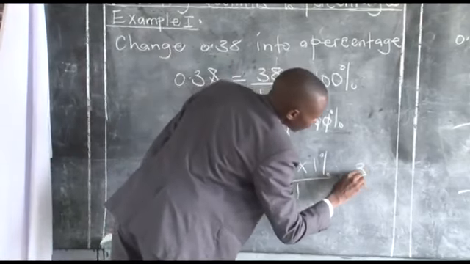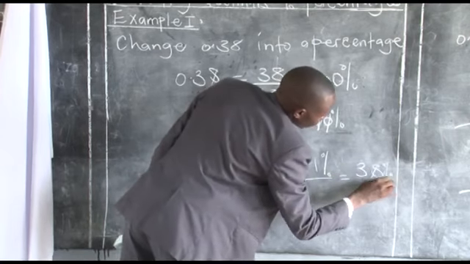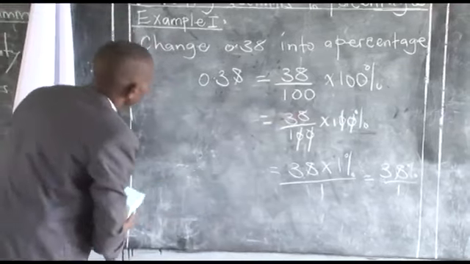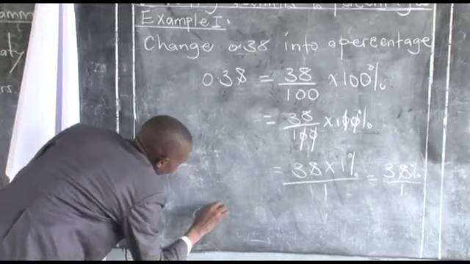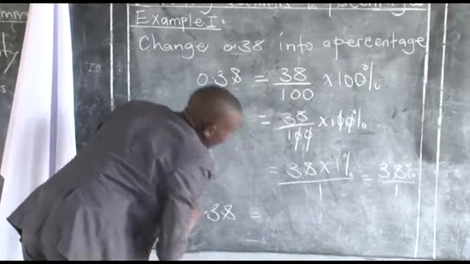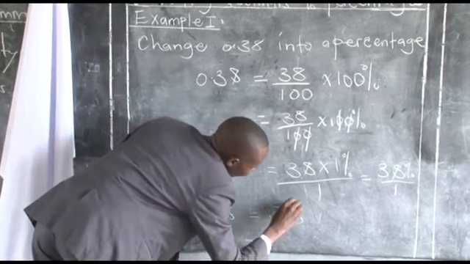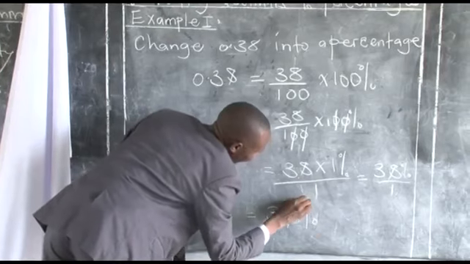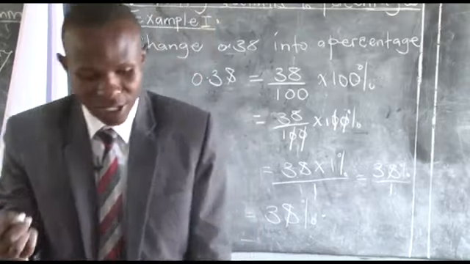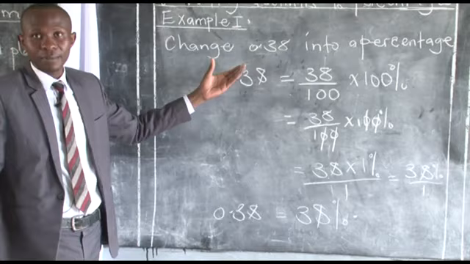It will give us 38% out of 1, so we shall come here and say 0.38 is equivalent to 38%. That is the way we are supposed to work out this number.